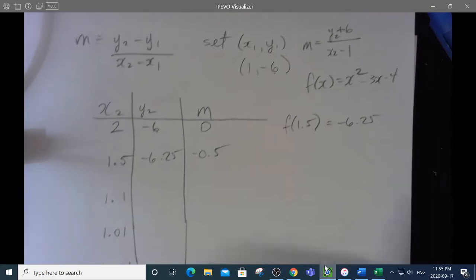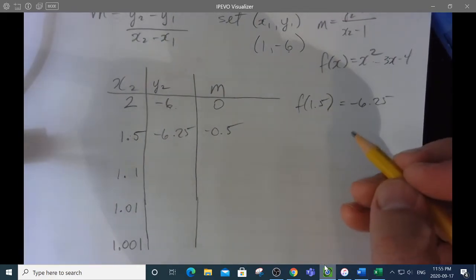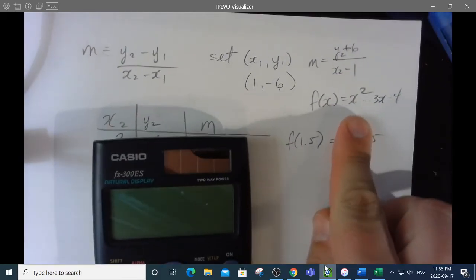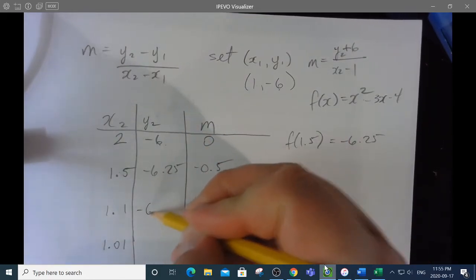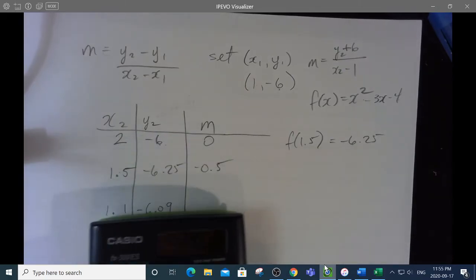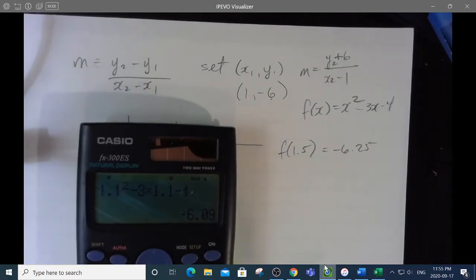What if we move the 1.5 point even closer, and it's now 1.1? So let's run 1.1 through here. So 1.1 squared minus 3 times 1.1 minus 4. That's a y-coordinate of negative 6.09. Now let's use the slope formula with negative 6.09. So I'm going to open a bracket.